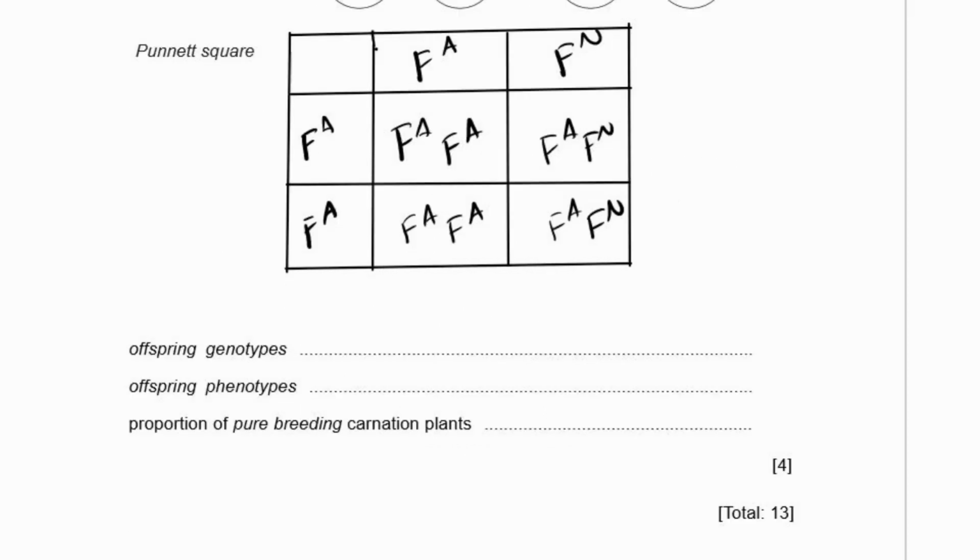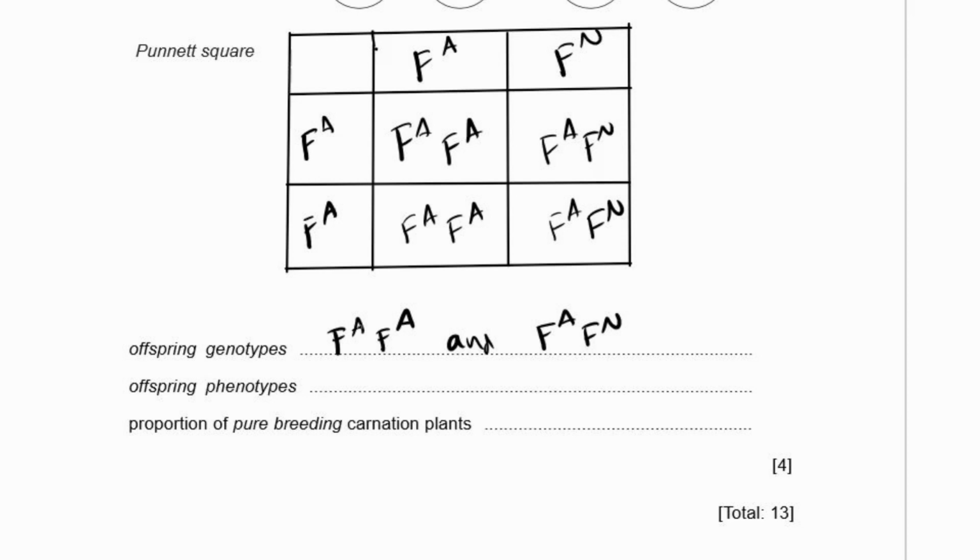There we go. So now we need to figure out what the offspring genotypes are. So genotypes, what do the genes look like? So we have FA, FA, and FA, FN. Those are the two types of genotypes we have.